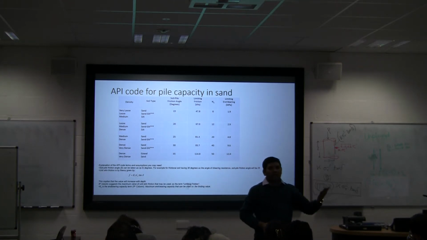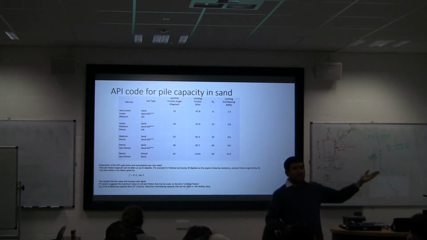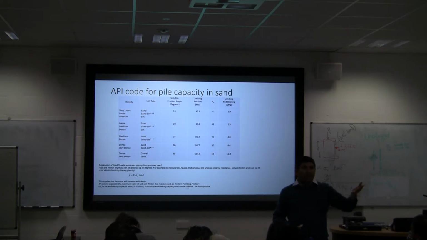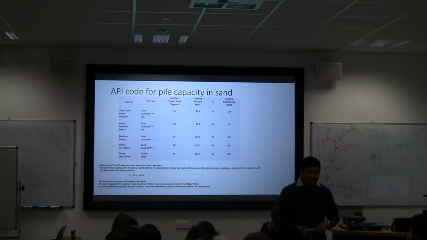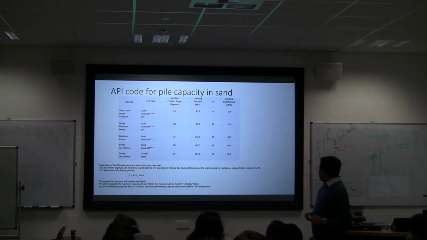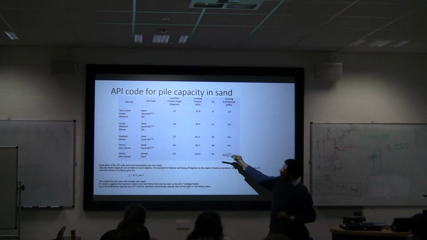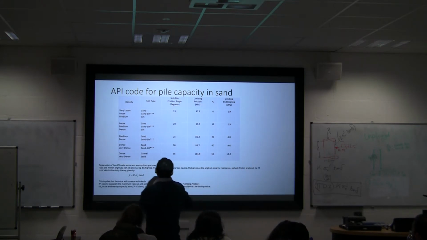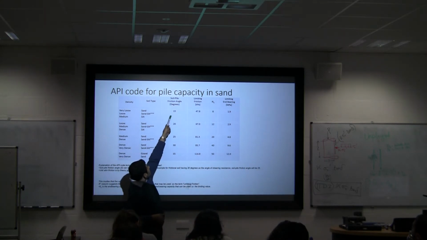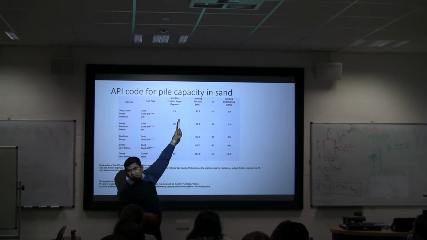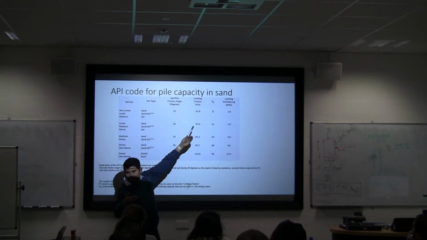Therefore, if it is sandy soil and your angle of friction for the soil is 30 degrees, you take delta as 25 degrees. So if you see here, it tells you how to get that. In this case the angle of friction is 20 degrees, so you take 5 degrees less.